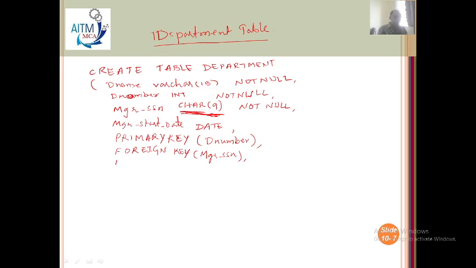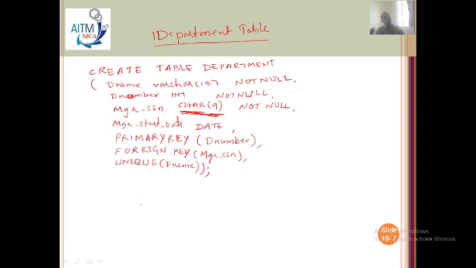So unique is also a constraint. Which key? It is DNAME. DNAME is unique.